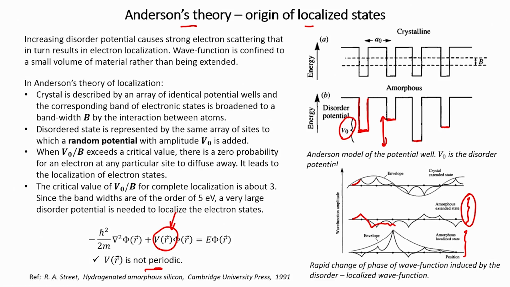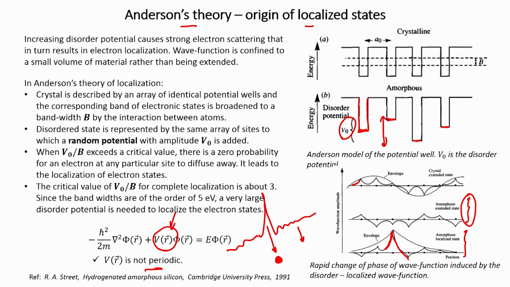Whereas the electrons that are sitting inside the band gap have something called localization of the wave function. What that means is that the amplitude of the wave function is quite large at certain points and is negligible at other points, which implies that the probability of finding the particle at these locations is very large, whereas the probability of finding the particle in other locations is very small.